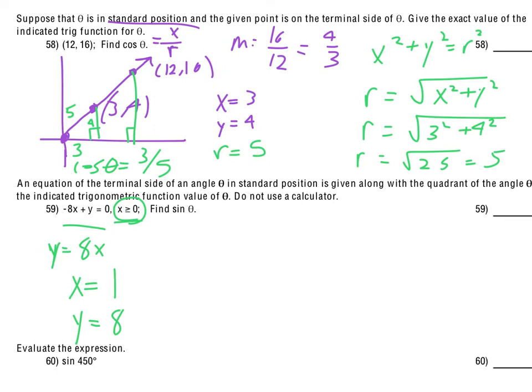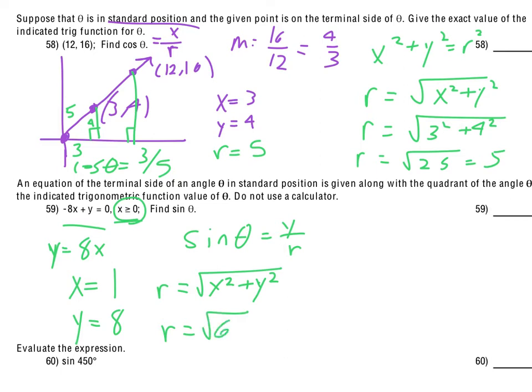Now I need to find the sine. Sine of theta is y over r, so I need to find r, being the square root of x squared plus y squared. So we add 1 and 64, we get the square root of 65. So sine ends up being 8 over the square root of 65.